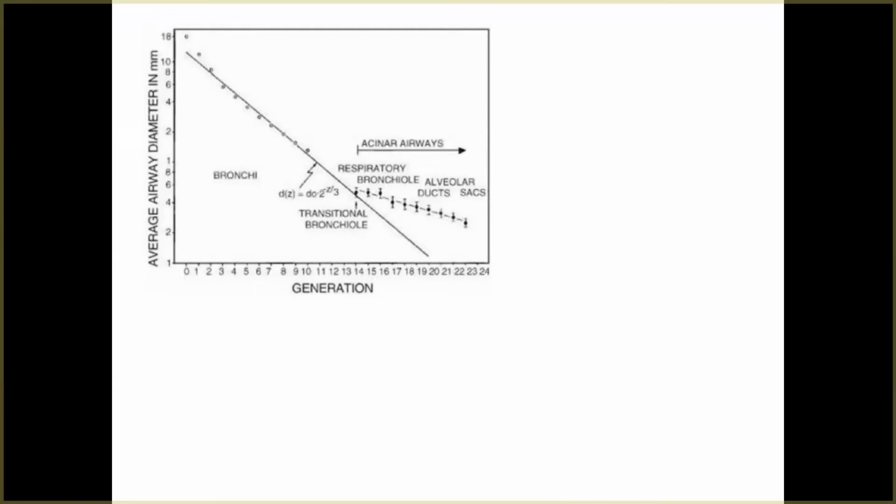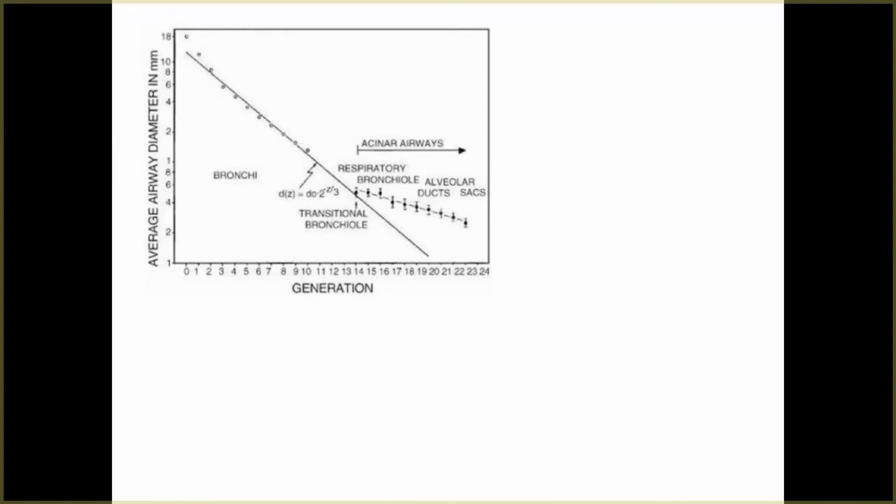And we can see this here in this plot, exponential in this direction and linear in this one. We can see that we have here a linear curve, which means that we have an exponential decrease of this diameter.